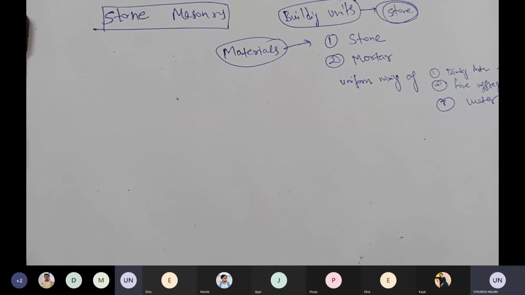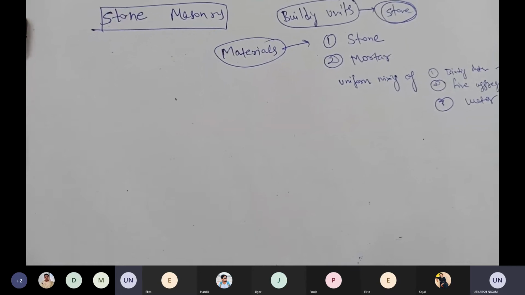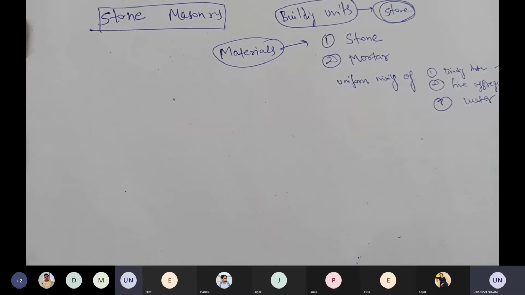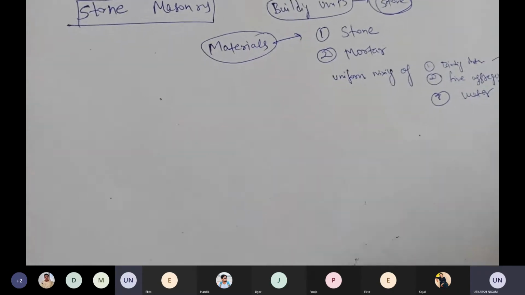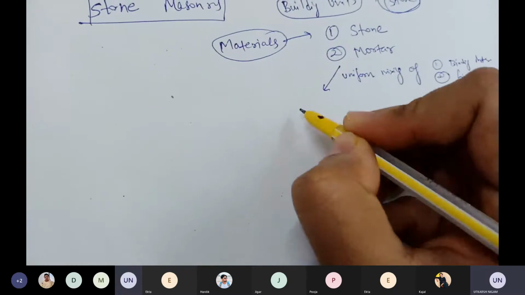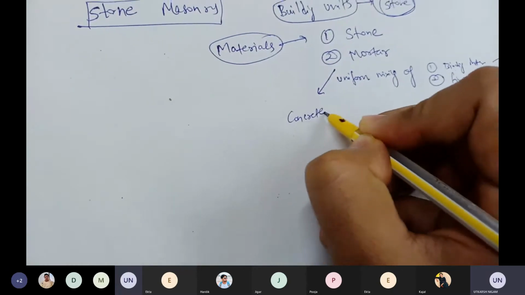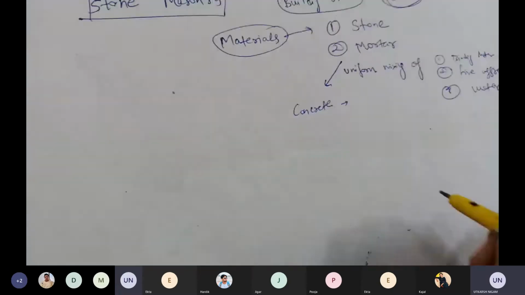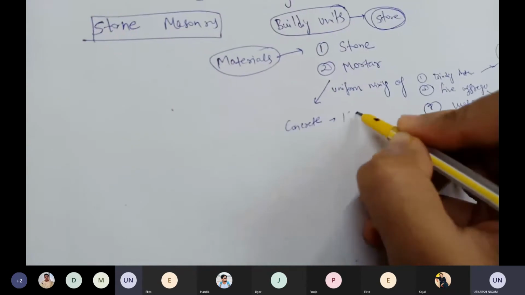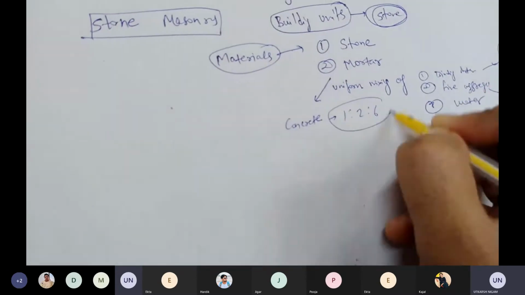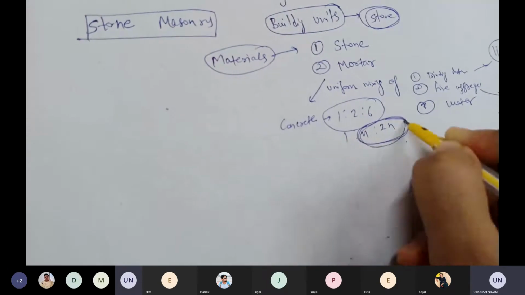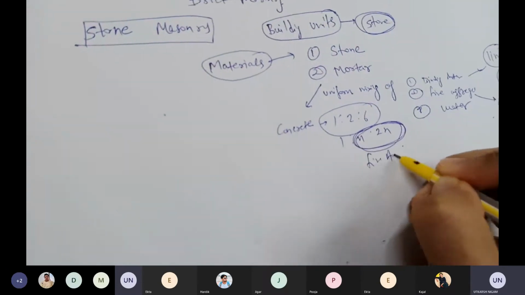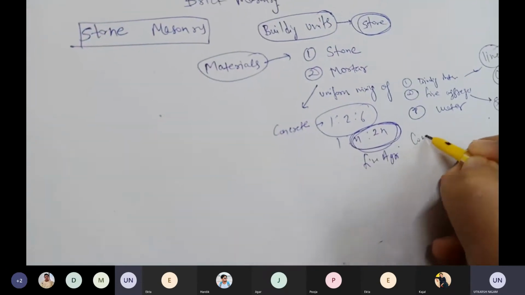First, an adhesion material is required, that is clay or mud, and cementitious ingredients. When we talk about concrete, there are three things, for example 1:2:6, or 1:n:2n, with two portions, one fine aggregate and one coarse aggregate.